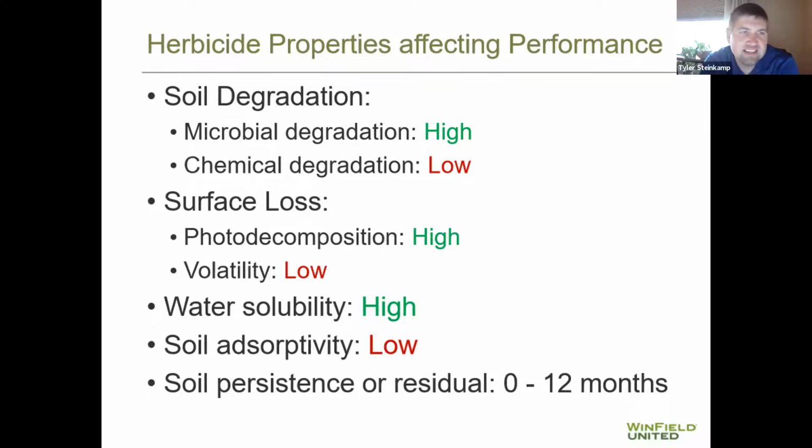The reason I say that is because, for example, with FlexStar, it's an 18-month rotational interval to alfalfa. Okay, so big difference there on the alfalfa side of things as well.